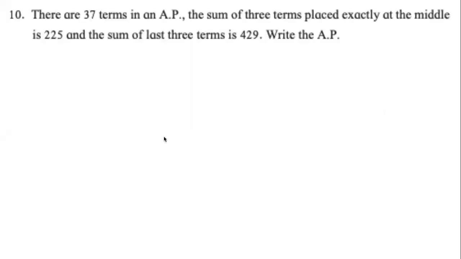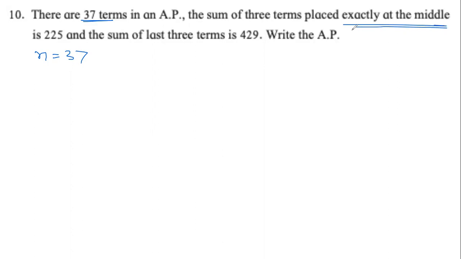Question number 10. There are 37 terms in an AP, another finite AP where n equals 37. The total terms are 37, so n equals 37. The sum of the three terms placed exactly at the middle. See how interesting.